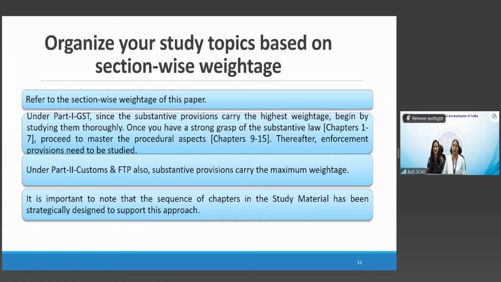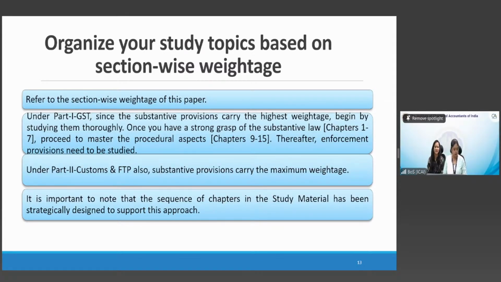As ma'am told you, they are already hosted on the website. We will also go through the same. So while organizing your study topics, it should be based on section-wise weightage, because it tells you how much focus there should be on a particular topic, depending upon the marks it carries in the examination. So refer to the section-wise weightage of the paper.